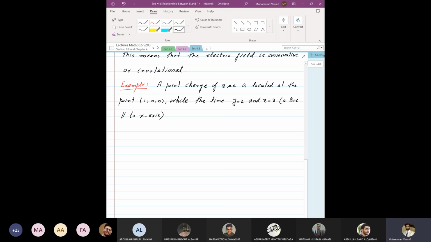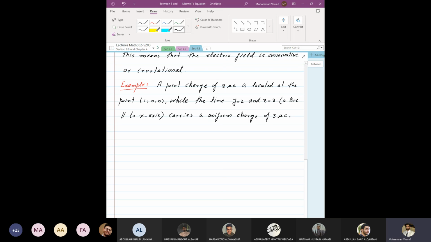So the line y equal to 2 and z equal to 3 carries a uniform charge. How much? 3 microcoulomb. So we have a point charge and a line charge.